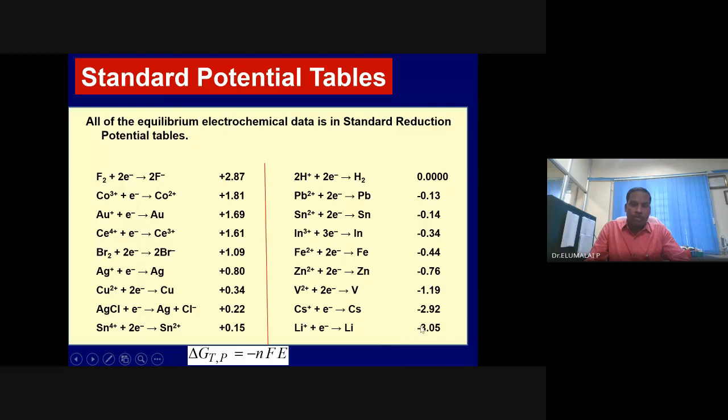But if you substitute minus 3.05, delta G is highly positive. So thermodynamically, forming fluoride is spontaneous. Forming lithium ion is spontaneous. Lithium metal is not spontaneous. That's what it means.